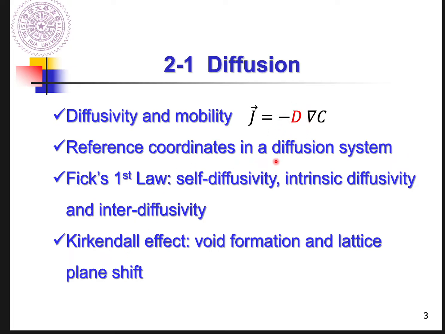In this textbook, we talk about three different kinds of diffusivities: the first one is self-diffusivity, then intrinsic diffusivity, and interdiffusivity.